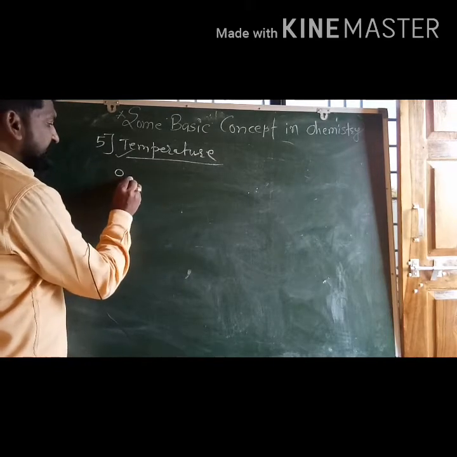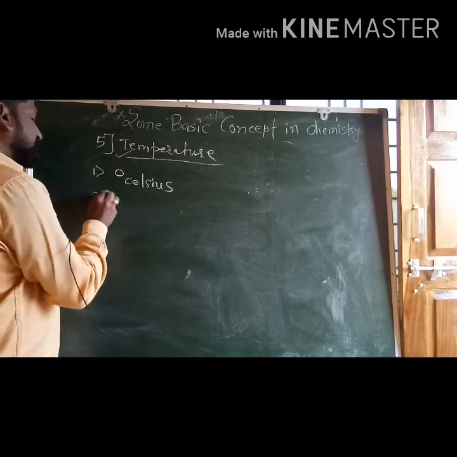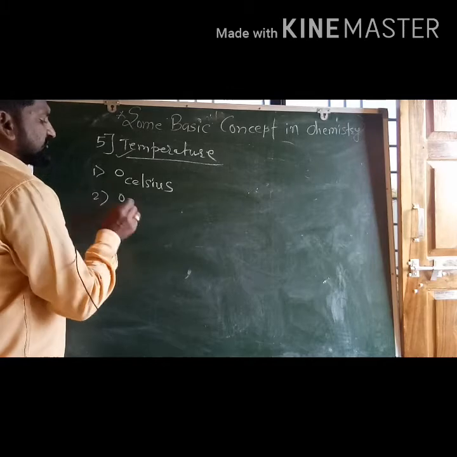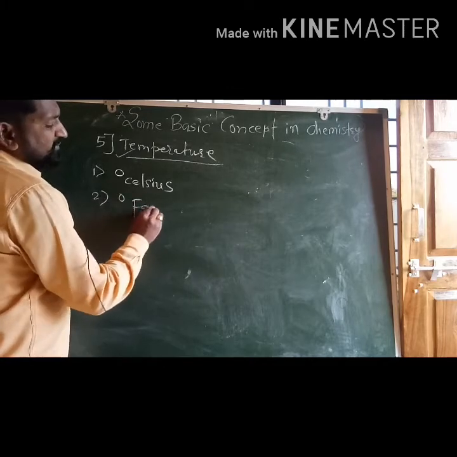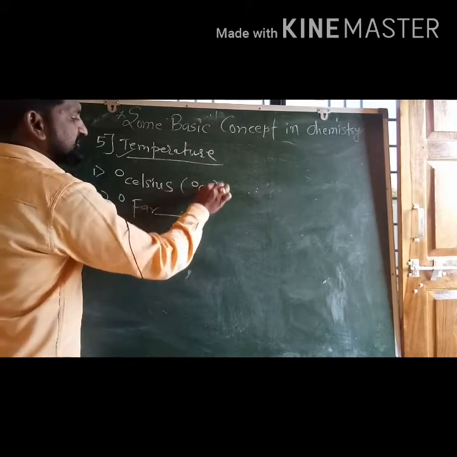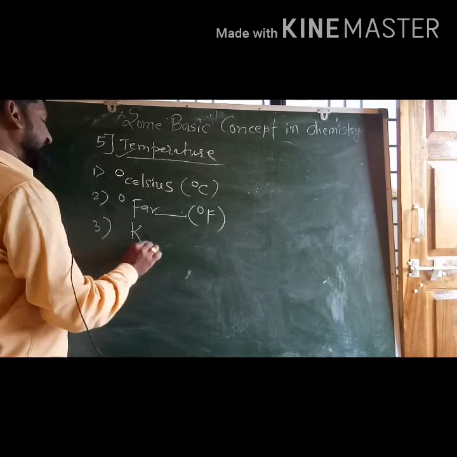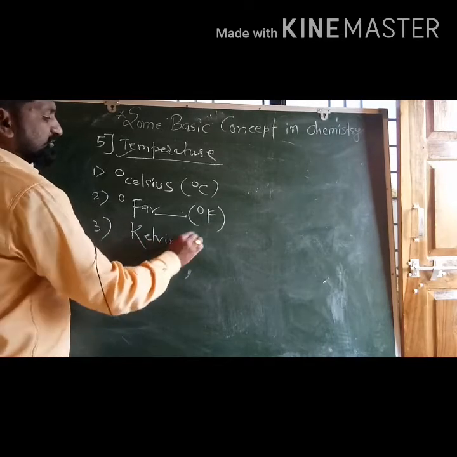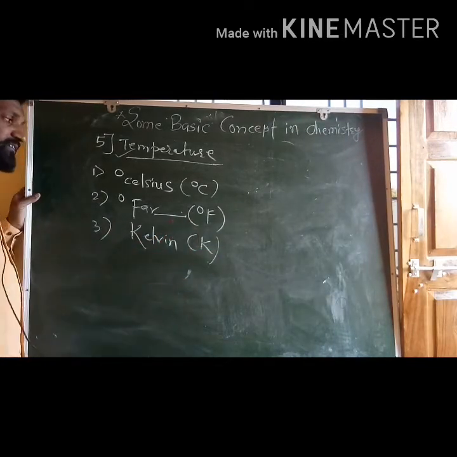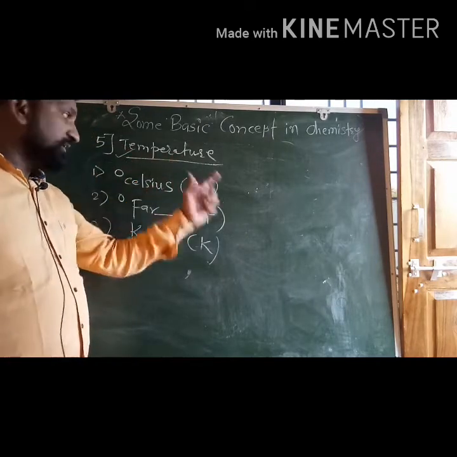Number one, degree Celsius. Second one, which we have degree Fahrenheit. And number three is the Kelvin. So these are the three scales where we can have the measurement of the temperature.